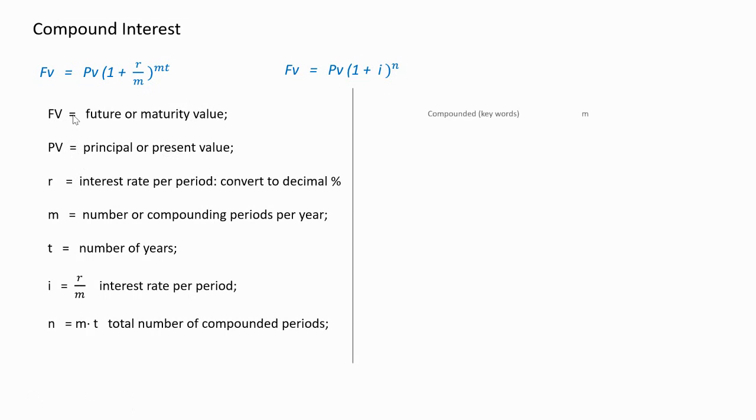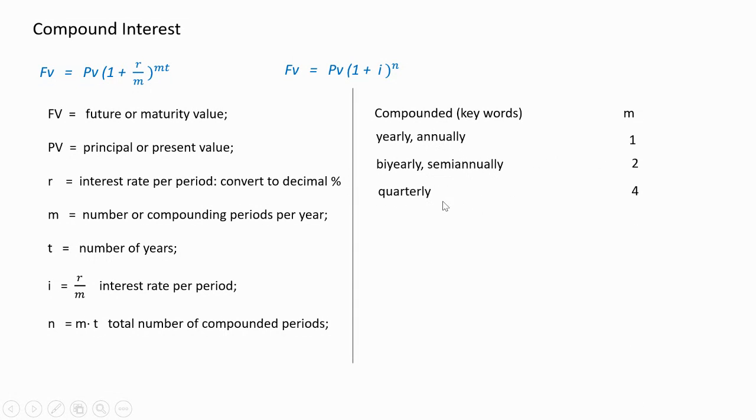Now, these are key words for compound interest problems, and here is what the M stands for. For example, if they say yearly or annually, then M is equal to 1. Bi-yearly or semi-annually, M is equal to 2.